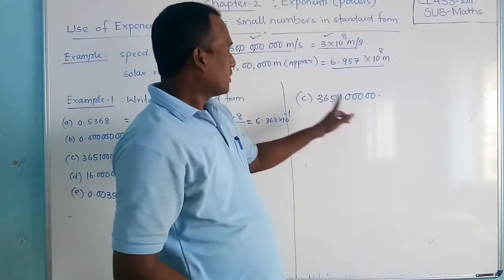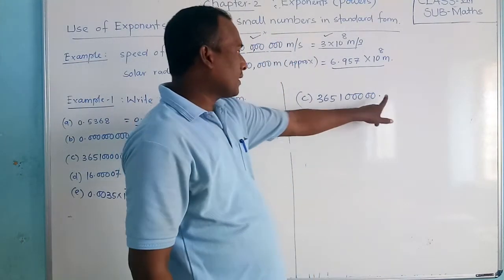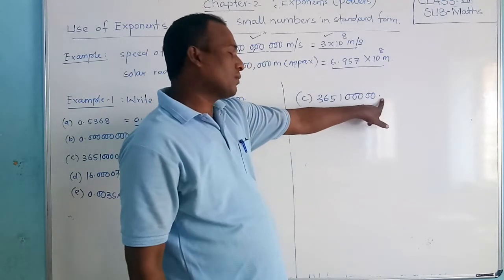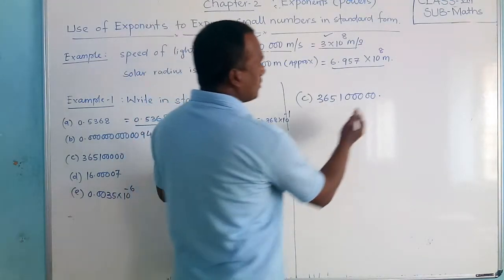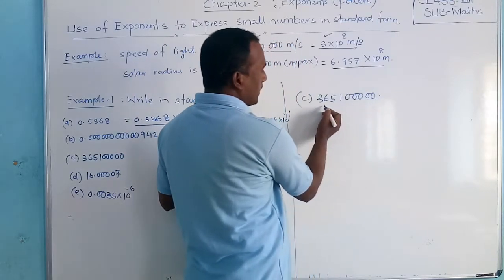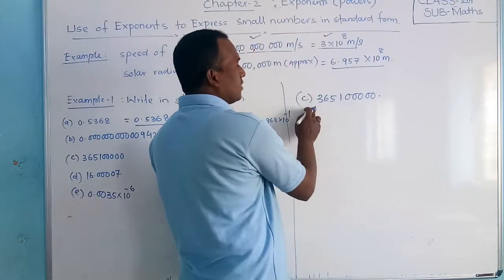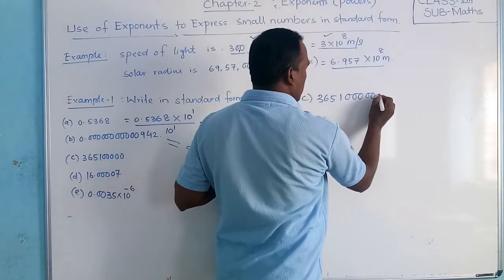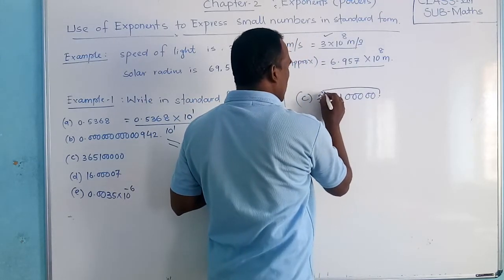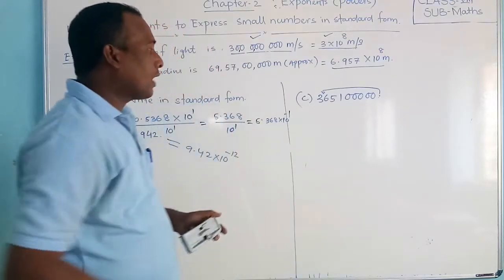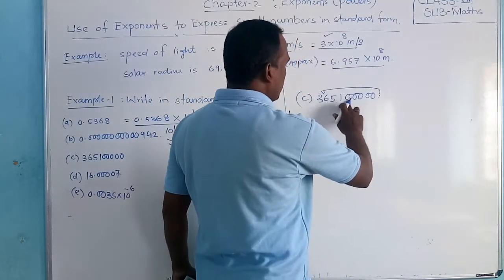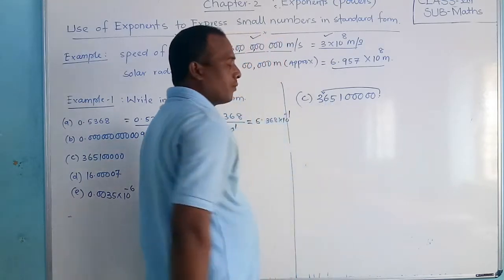Observe, if the decimal place is not shown, that means the decimal place is at the extreme right side, because it is a whole number. That means the decimal point is here. So where should it come? Now it will come to the left side, because the numbers are all on the left side here. Here on the right side there is nothing. So the decimal will come to one digit after one decimal place. So how many places will it come to the left? Now 1, 2, 3, 4, 5, 6, 7, 8 places will come.